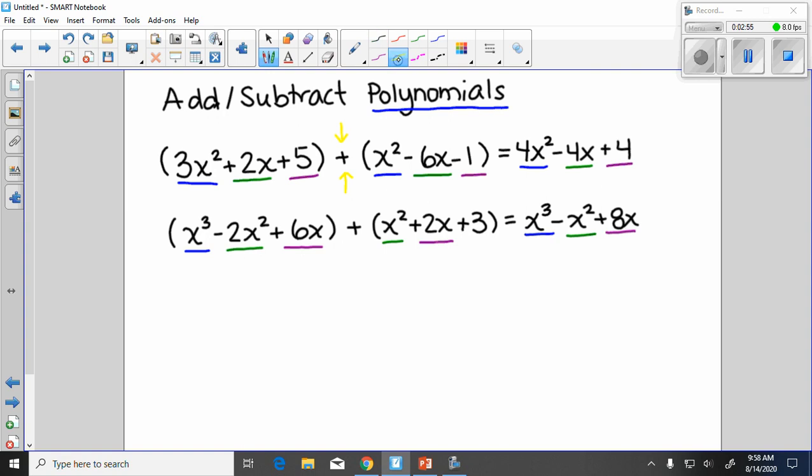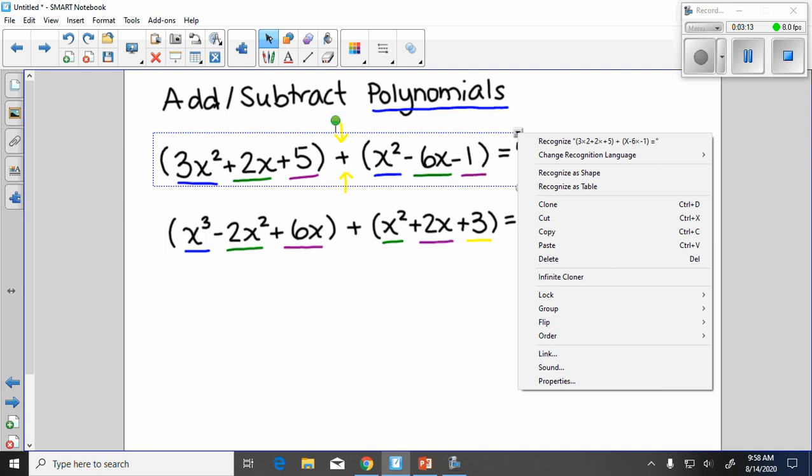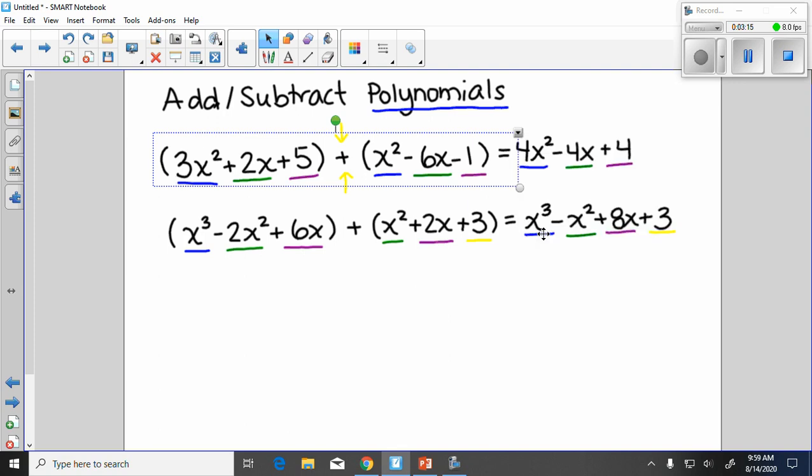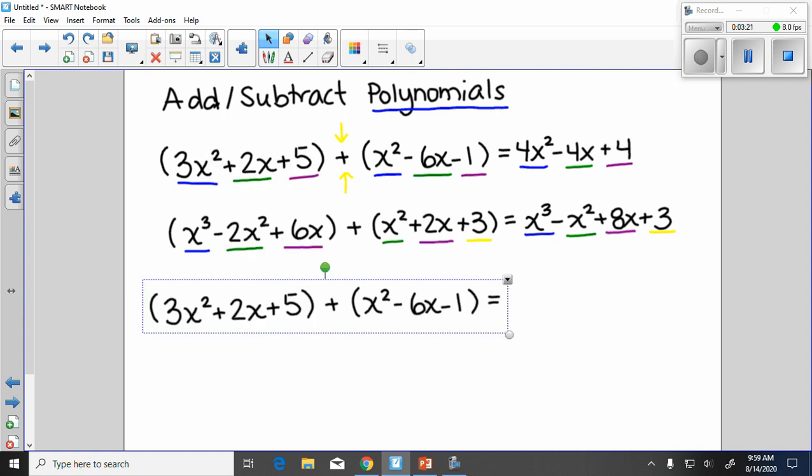And then we have this constant, this 3 over here, that is just all by himself, just like the x cubed was. So my plus 3 just carries along for the ride like the x cubed did. Make sure that you're very careful when you're working through these to only combine terms that are alike. See if I can be lazy and do this. Haha.